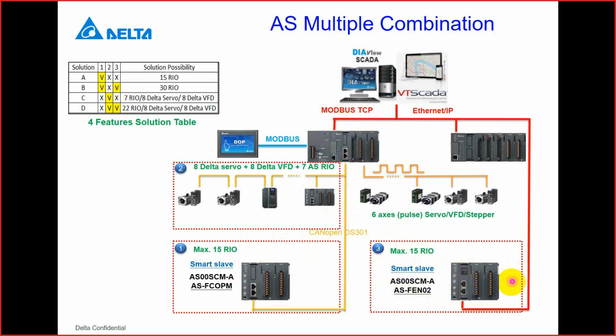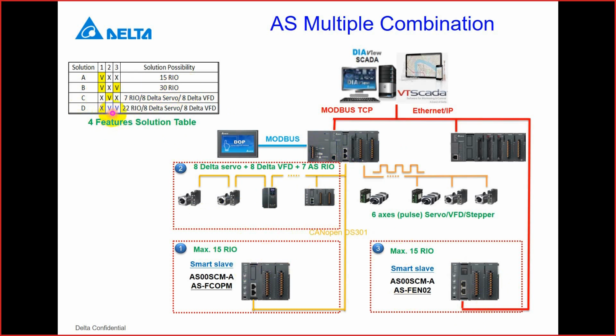And the module number is 32. So just to remind you, even though we can expand a lot, there are still some limitations for the modules and the points. So this is solution B. We use CANopen and Ethernet IP remote I/O at the same time, so you will get a total of 30 remote I/O.